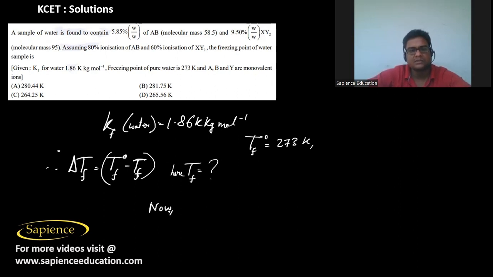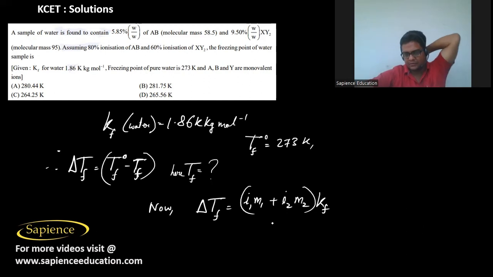Now, since it is a mixture of two compounds, the depression in the freezing point will be equal to i1 M1 plus i2 M2, into Kf, where M1 is the molarity of the first compound, and M2 is the molarity of the second compound, and i1 is the Van 't Hoff factor of the first compound, and i2 is the Van 't Hoff factor of the second compound.